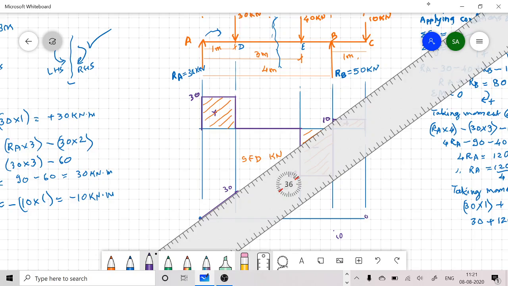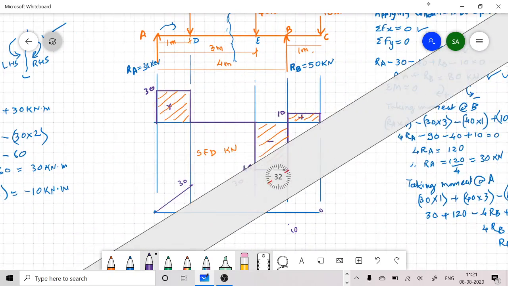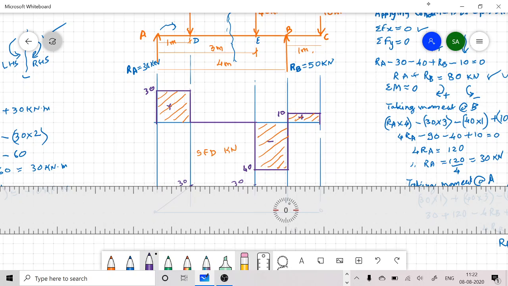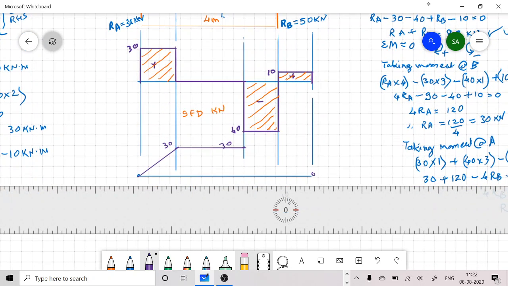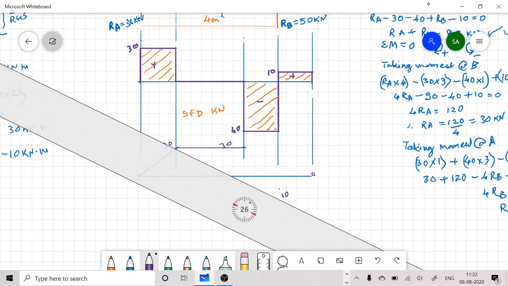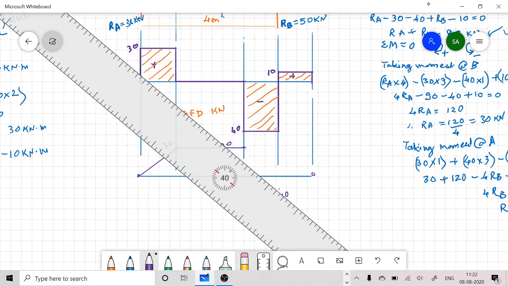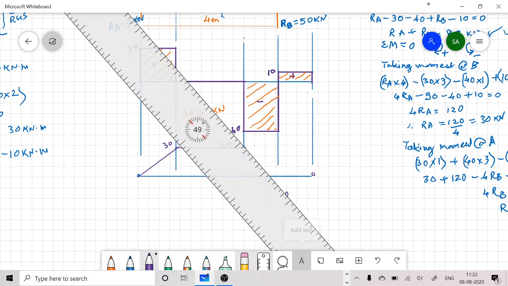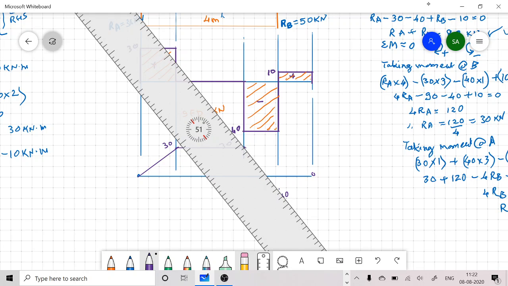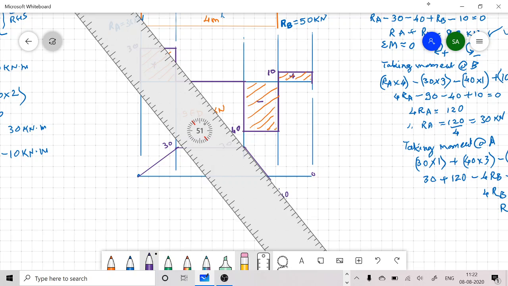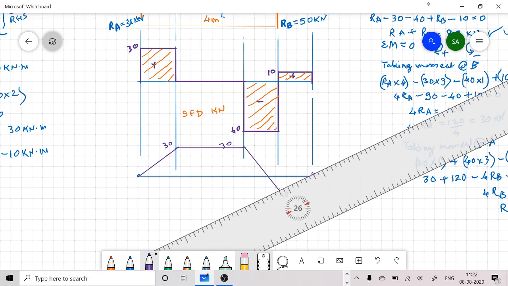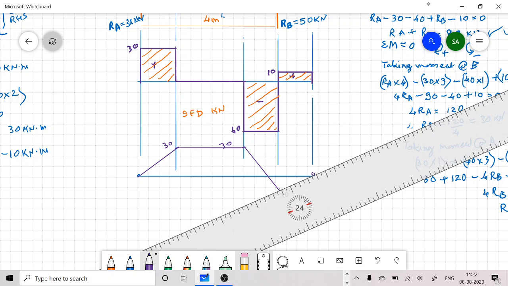From A to D, 30. Then it is a straight horizontal line because it is constant from D to E, 30 kilonewton meter. Then from 30 to this minus 10 below the baseline. Then from this minus 10 to 0, that is up to free end.